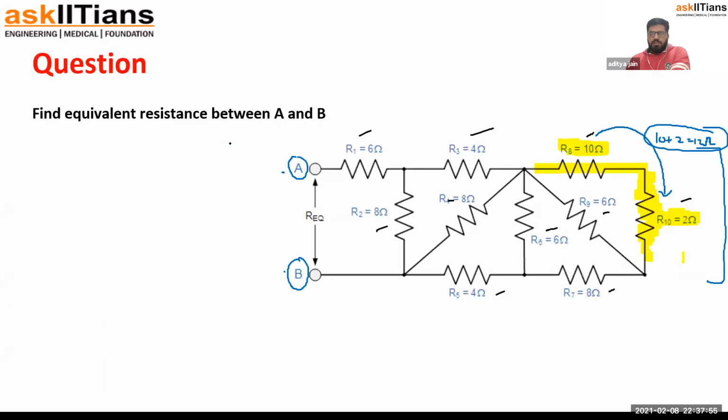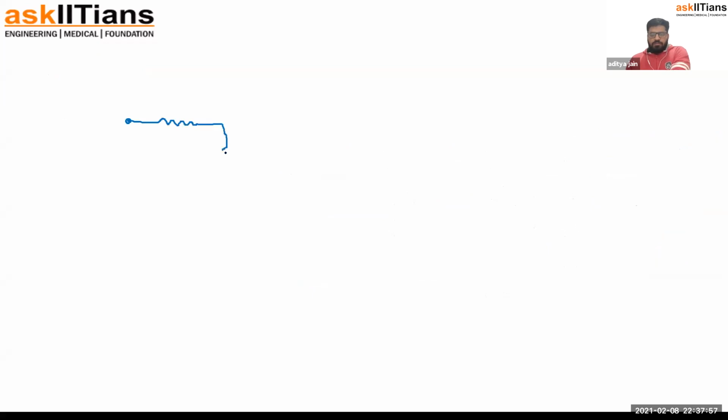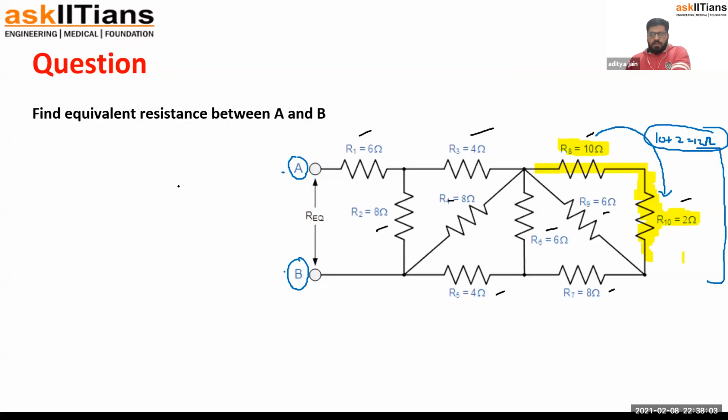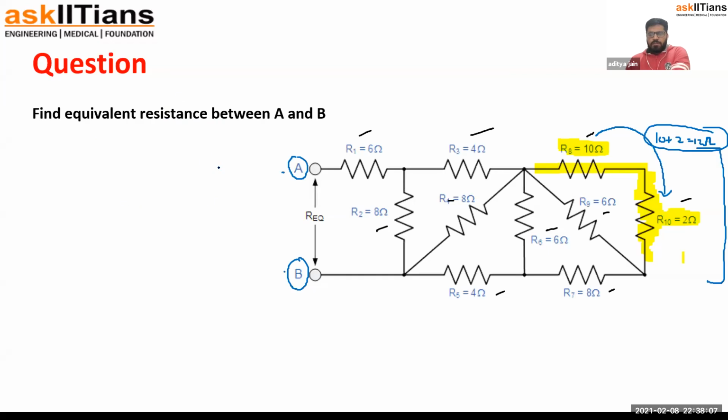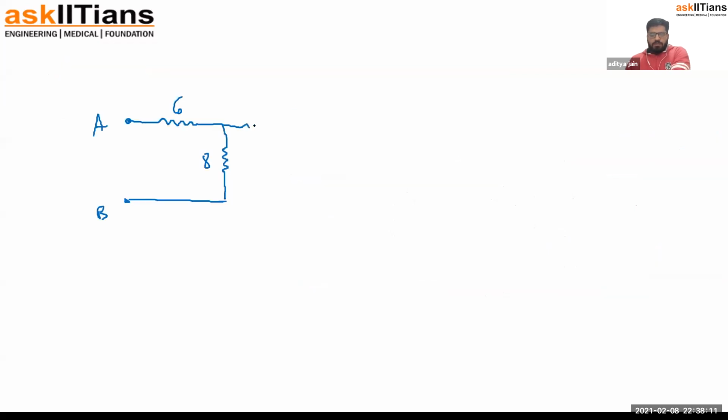The network was like this. This was A, this was B, this was 6, this was 8, 4, 8, 4. This was 4, this is 8, this is 4.